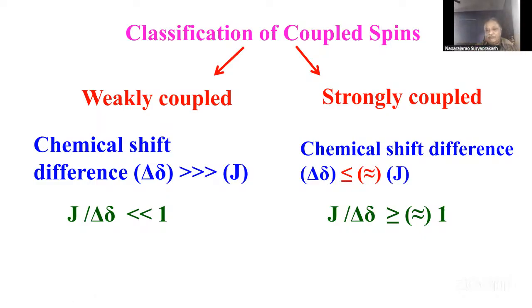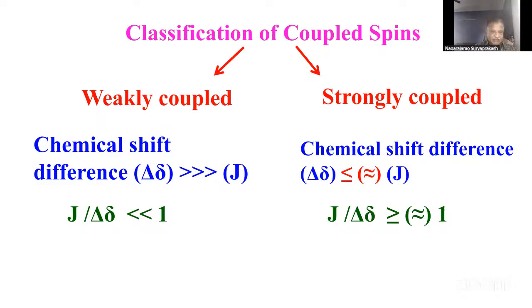Very small. So the J over chemical shift difference ratio defines whether it is weakly coupled or strongly coupled. If it is much, much smaller than 1, then 2 spins are weakly coupled. If the chemical shift difference delta is almost equal or comparable or much less than J coupling, then the 2 spins are strongly coupled.